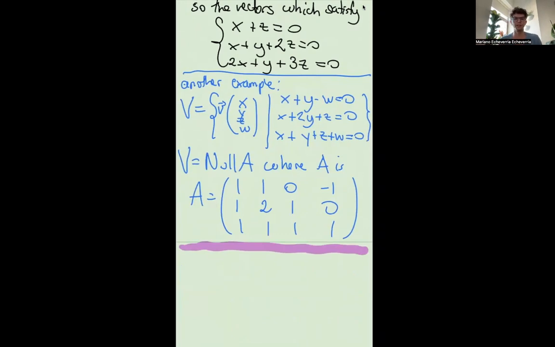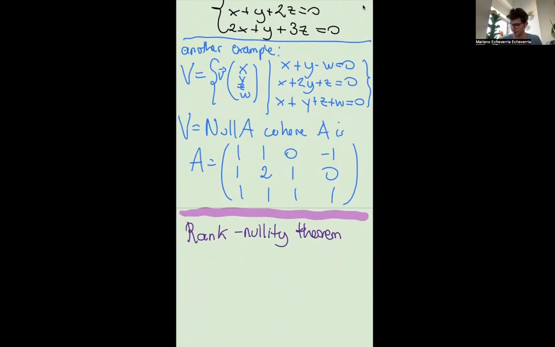I'll show you how that looks again in these two cases. So this is called the rank nullity theorem. Again, this is one of the most important results of all of linear algebra. So this is really important.